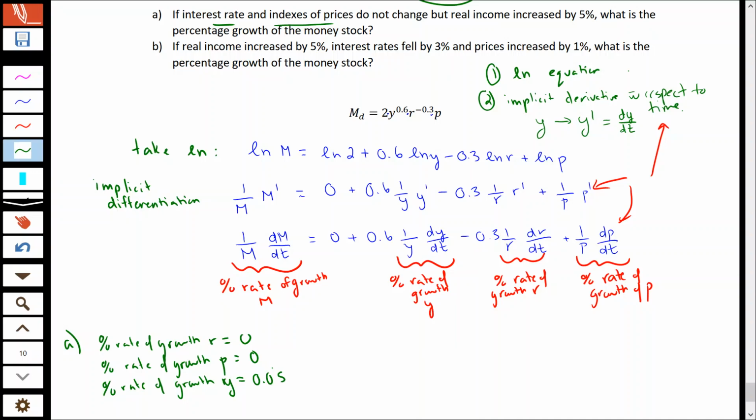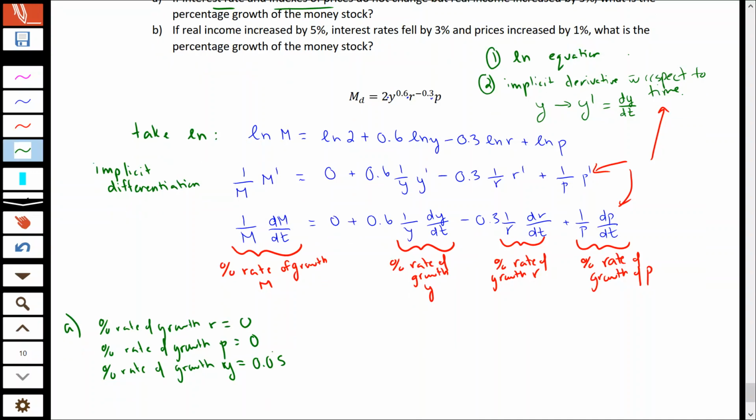And it wants to know, what is the percentage rate of growth of the money stock in that situation? So all we're doing there is saying that dm/dt divided by m, which is the same thing as the line above, is equal to 0.6 times, what's my percentage growth rate of y? 0.05, minus 0.03 times my percentage growth rate of r, which we said was 0. The percentage growth rate of p, we also said is 0.